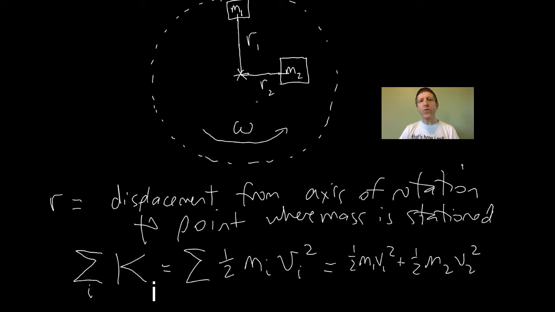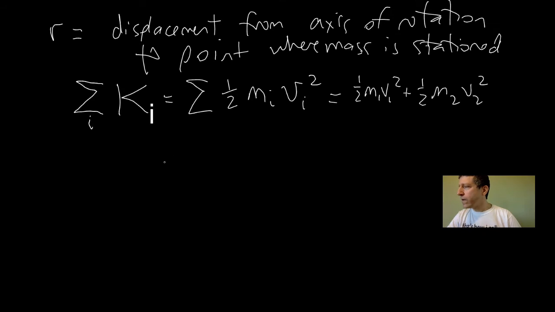There's another way to express that in terms of angular variables. Let me draw on here. This is the instantaneous V1 of that mass, and this will be the instantaneous, and shorter, V2 of M2. This is all equal to the sum of 1/2 m_i.